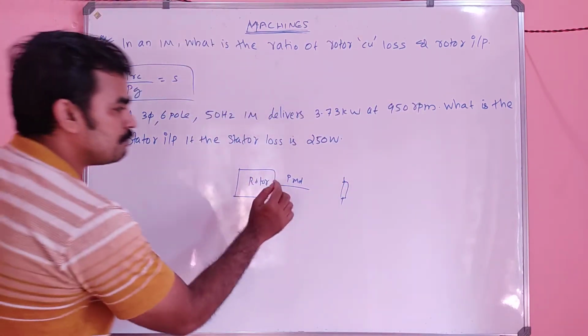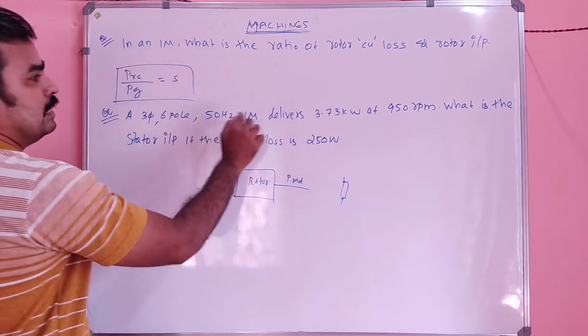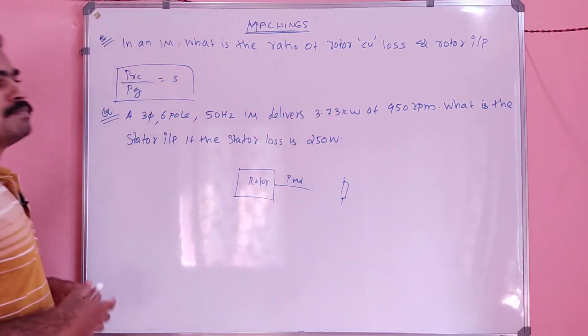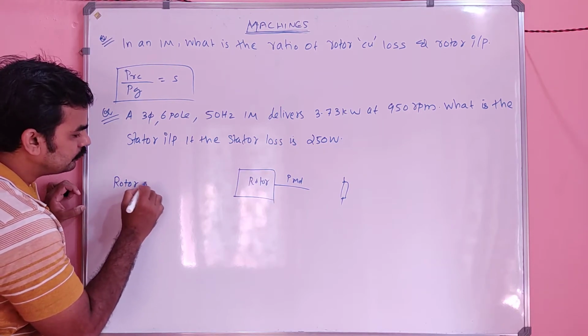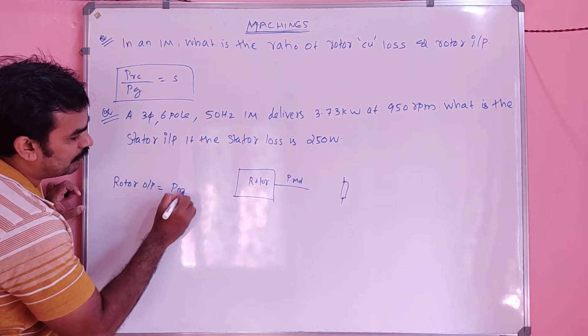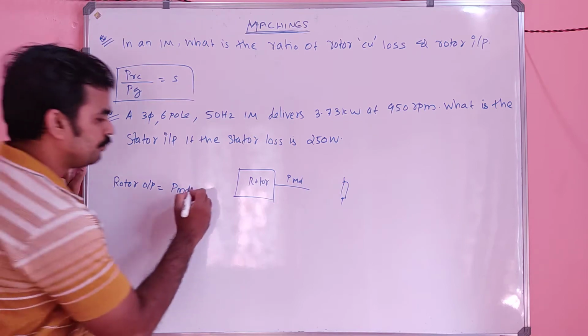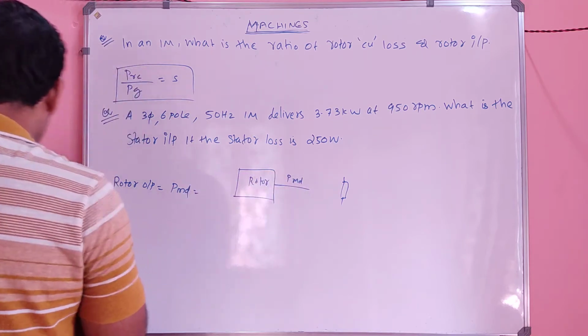Correct? So in this problem, maximum power delivered means rotor output, which is nothing but the developed mechanical power. Rotor output is nothing but developed mechanical power.